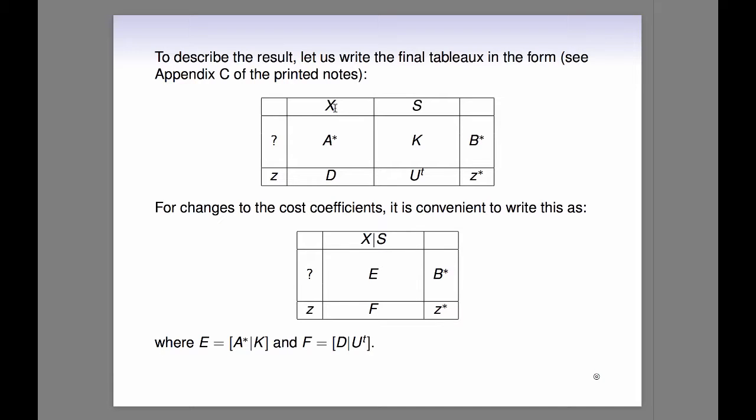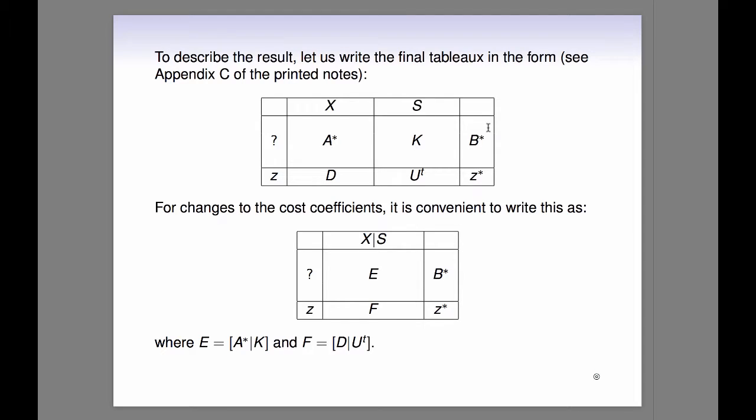In one way, we separate out the decision variables x from the slack variables s, and the numbers that appear underneath the decision variables, we denote that block A star, and the numbers underneath the slack variable we denote K, and then this is the bottom row, so this is the objective function row, and the numbers here are denoted D and U transpose. U transpose because U is the solution to the dual problem.